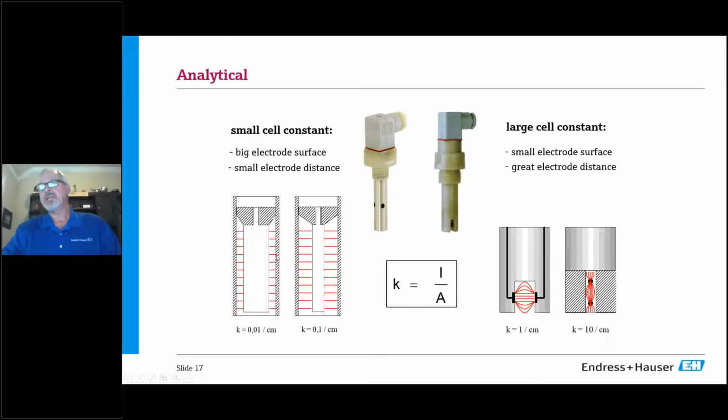So typically it's a function of the geometry of the surface and the distance between the 2 cells in the design. Basically these will come in a cell constant from the factory, like a 0.01 or a 0.1 or actually a 1 constant. And these are designed for specific ranges, and I'll get into what those ranges are a little later in this presentation.